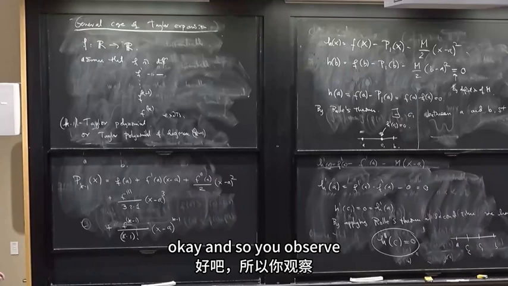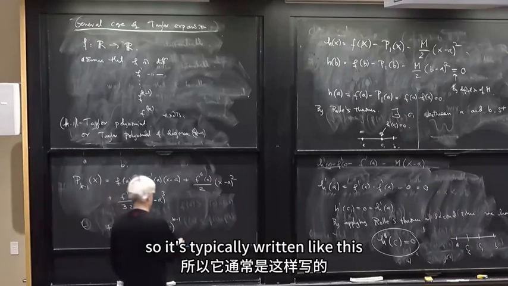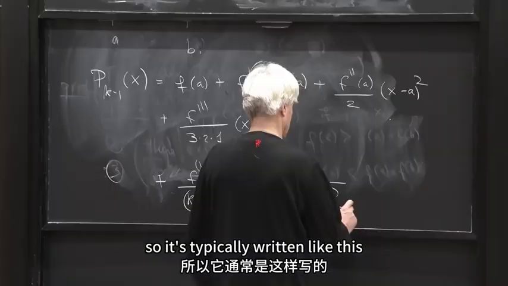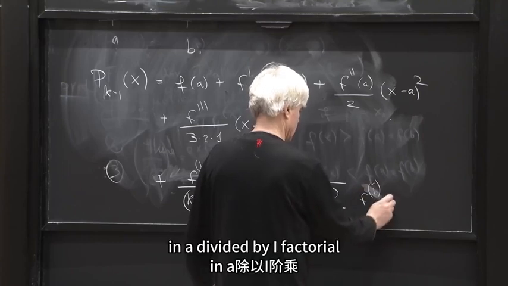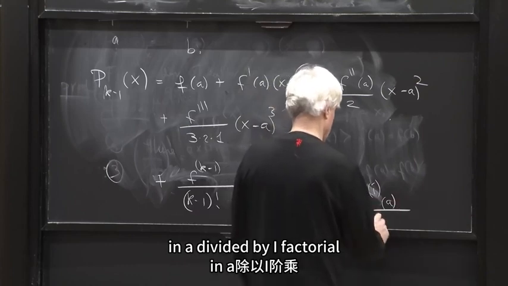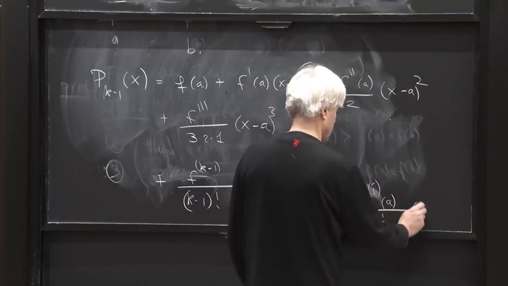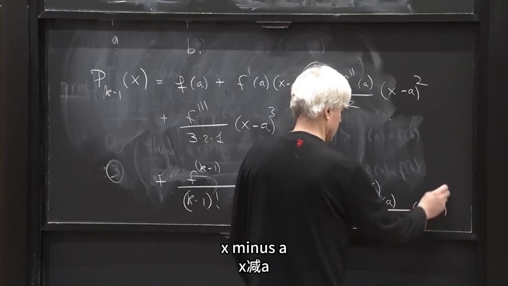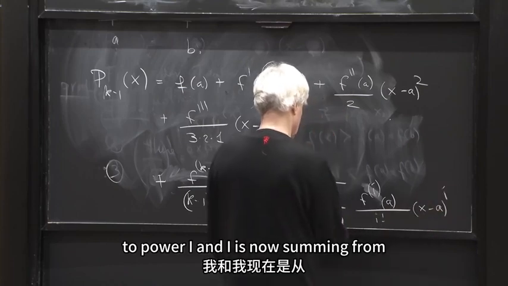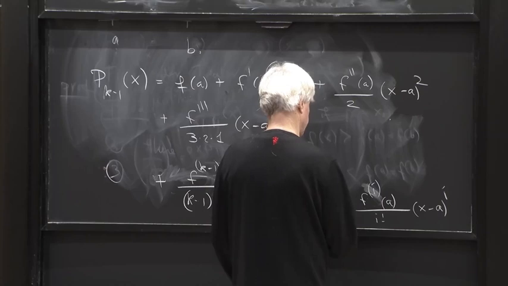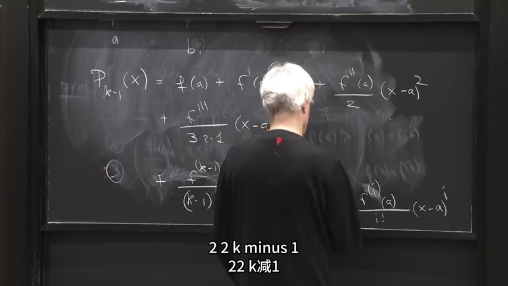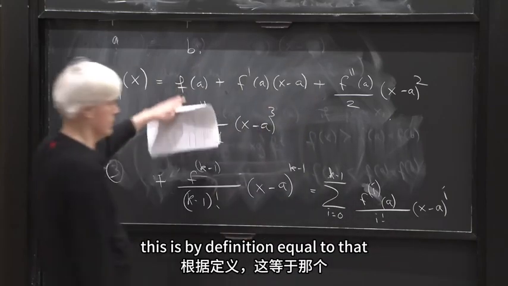Okay, and so you observe that you can just write it. It's typically written like this: the sum of the i-th derivative of f at a, divided by i factorial, times x minus a to the power i, with i summing from 0 to k minus 1. This is by definition equal to that.